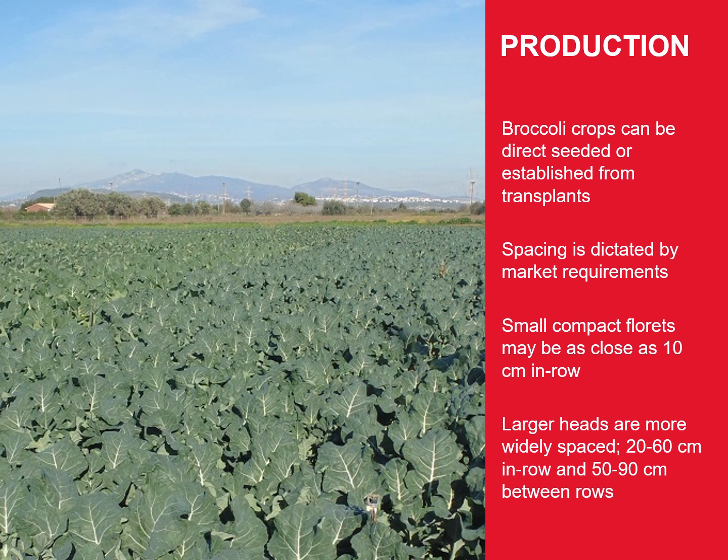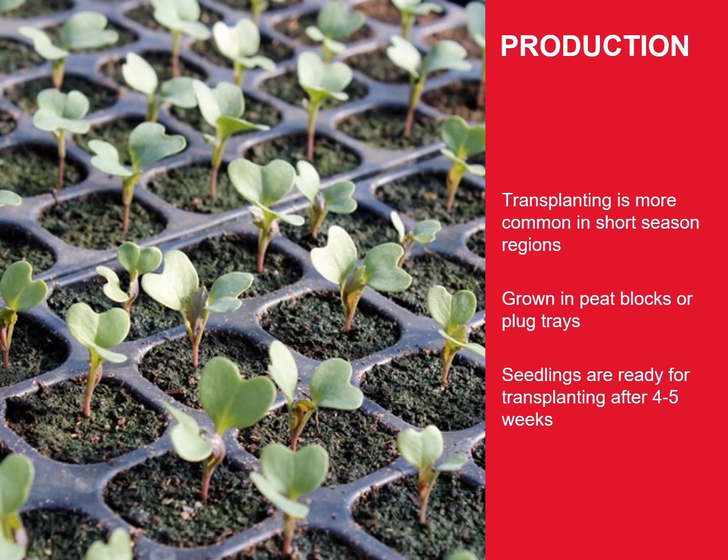In terms of broccoli Brassica oleracea crops, these can be direct seeded or established from transplants. Again, the spacing is dictated by the market requirements. Small compact florets may be as close as 10 centimeters together within the rows, and the larger headed types are produced from wider spacing, anywhere from 20 to 60 centimeters within the row and 50 to 90 centimeters between the rows.